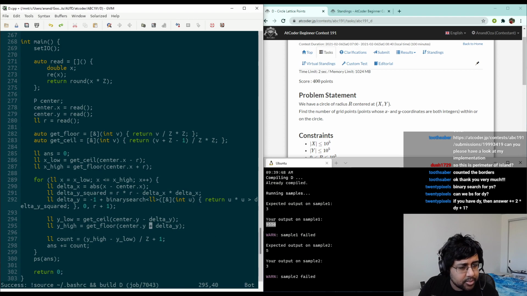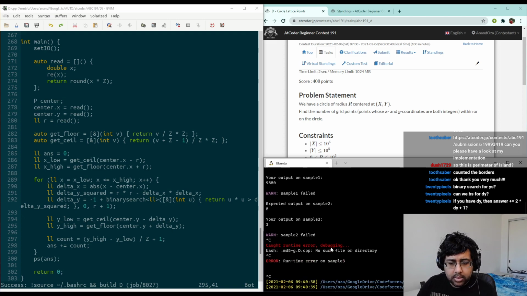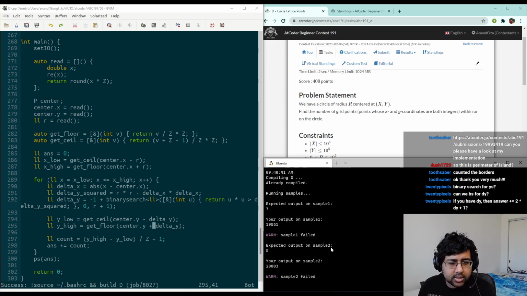No wonder. Okay, cool. So the reason I think that's not quite right is because center.y isn't always an integer. Oh, sorry, by integer here I mean it's not always a multiple of 10 to the 4th. Let me rerun this.